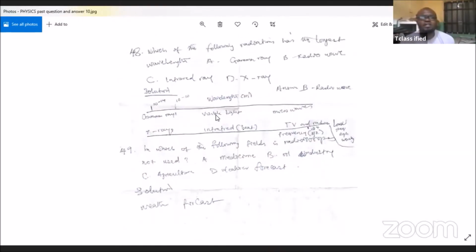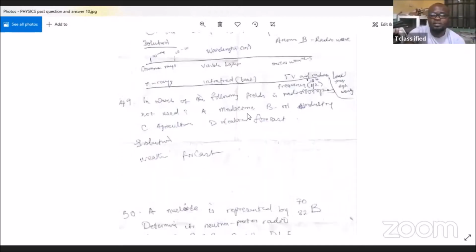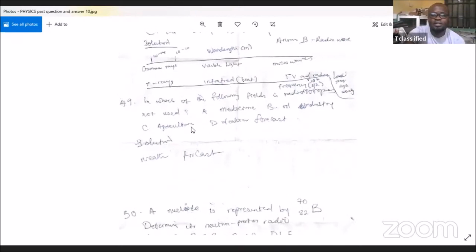Which of the following radiations has the longest wavelength? I would say it's radio wave, isn't it? Because radio wave has a wavelength in the dimension of 10 to the power 4. The shortest wavelength is that of gamma ray, but gamma ray has the largest frequency. We've also done 49, which is: in which of the following fields is radioisotope not useful?